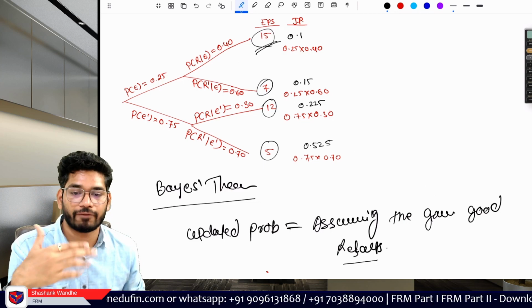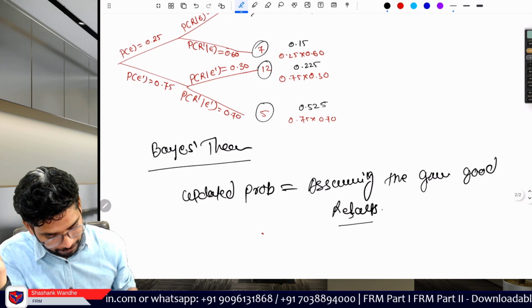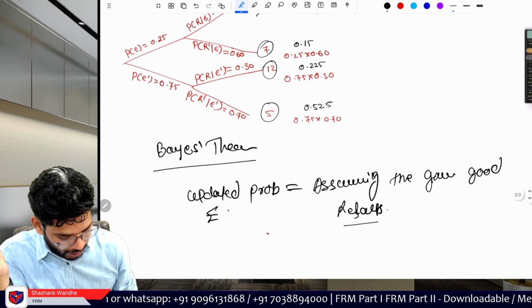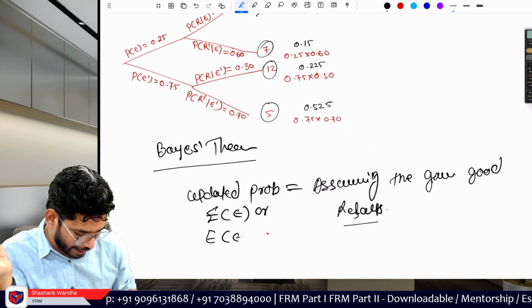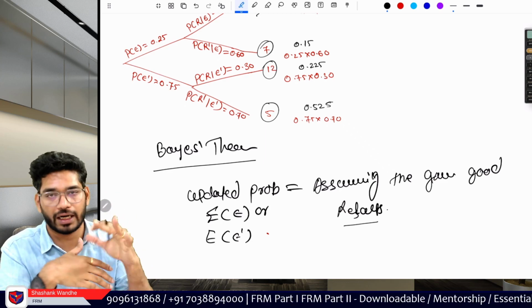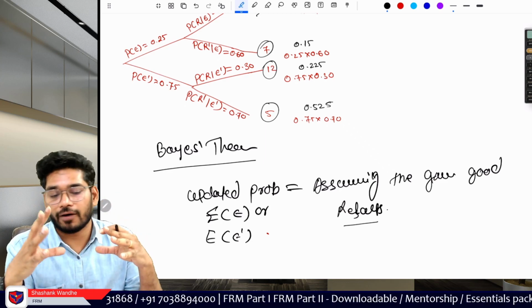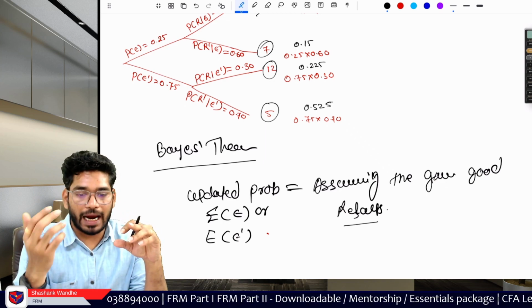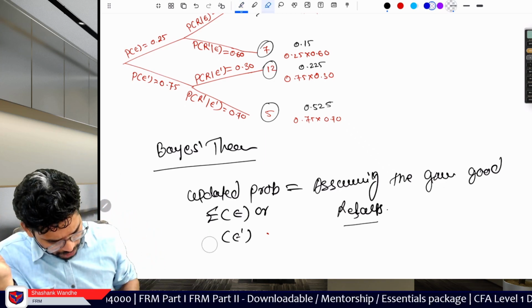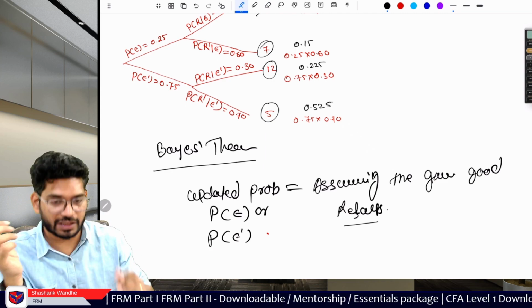So here we are updating the probability of what? Economic expansion, expansion or not expansion. You can do the calculation for anything. But here we will take the probability of economic expansion, and I'm writing it as E. Sorry, it should be probability of expansion.